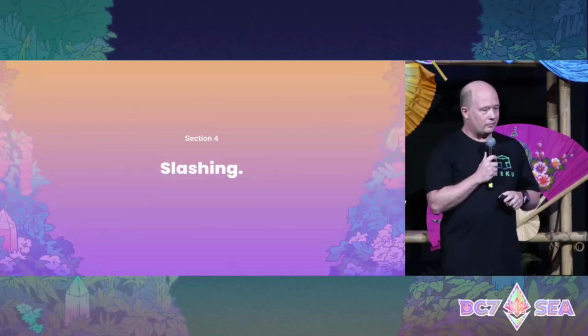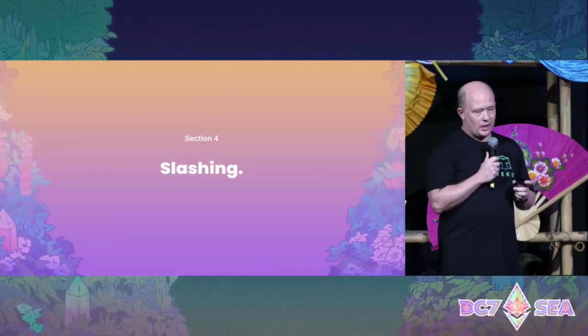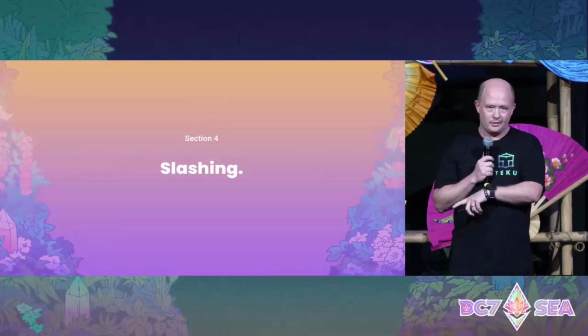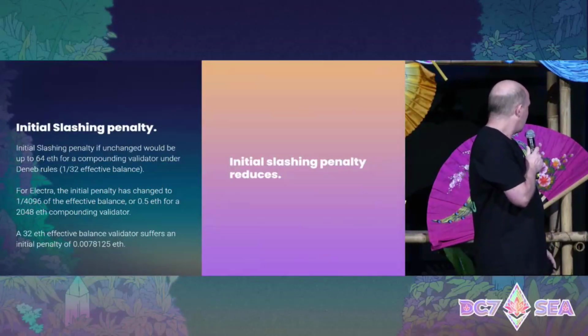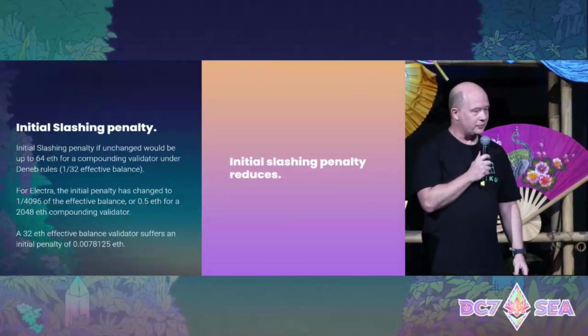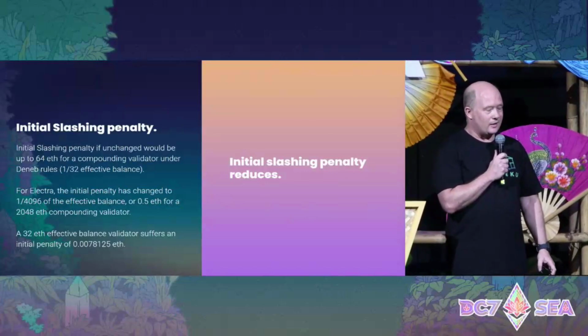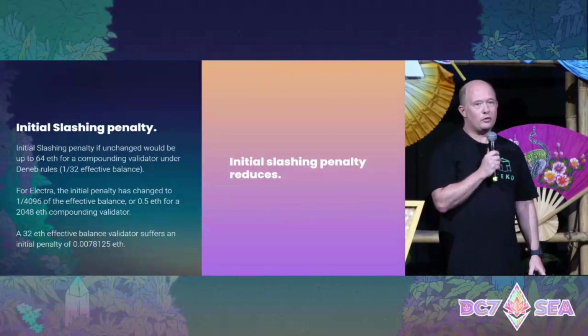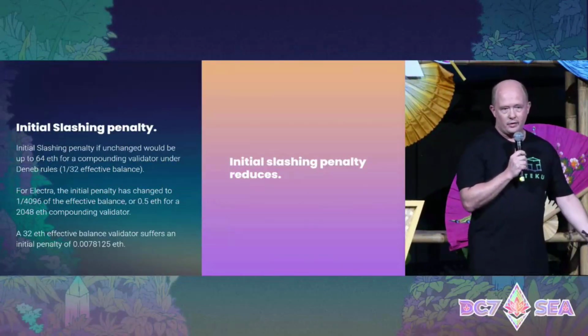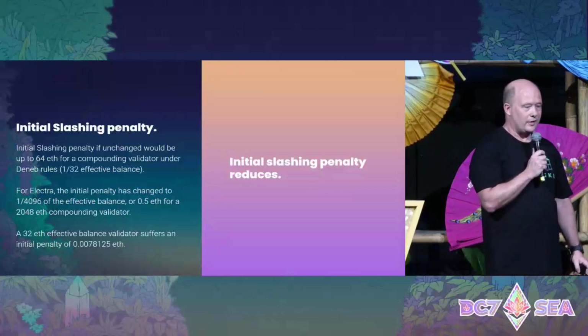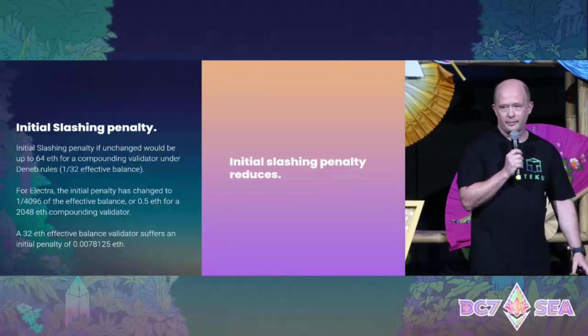In Electra, we are making some changes. We're not changing the inactivities, the second phase of the slashing event, but we are changing the initial penalty. So the problem that we have is that if you look at the Deneb rules and a large compounding validator of 2048 ETH, the initial penalty for that validator would be 64 ETH.